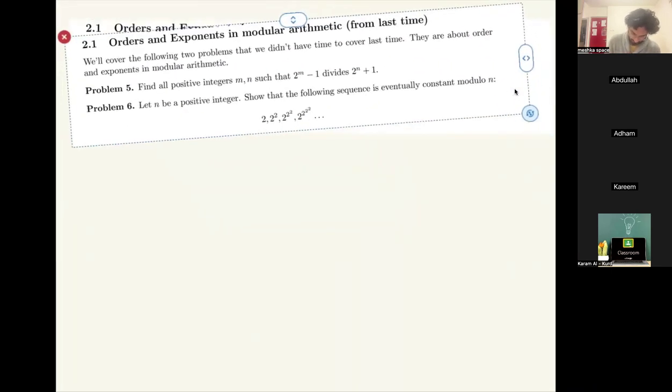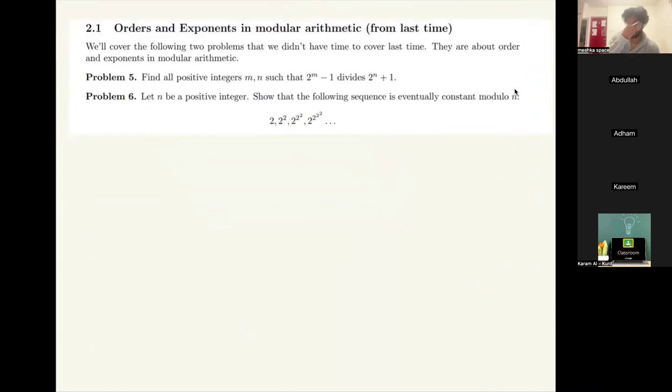If you fix a modulus and you look at the sequence, what is the sequence? a1 is 2, and a(k+1) is 2 to the ak. The sequence becomes eventually constant modulo n.